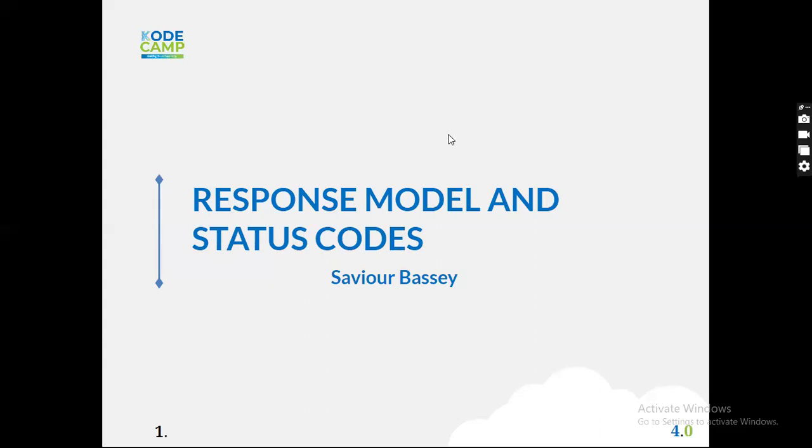Last week we looked at how we can acquire data from the client side, and we looked at various parameters. We looked at the query parameter, the path parameter, and also the header and the cookie.